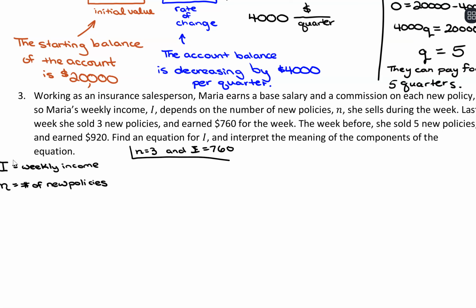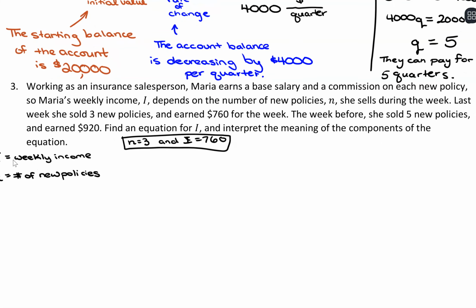So that's one kind of grouping that we have. And then the week before, she sold 5 new policies and earned $920. So another scenario is N equals 5, and that made I equal 920.